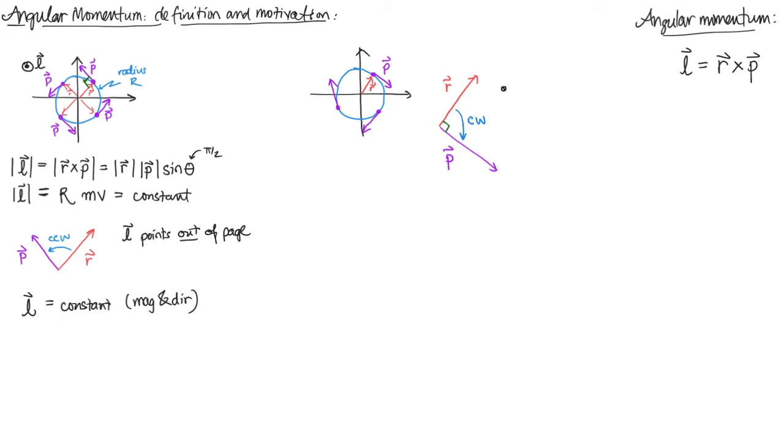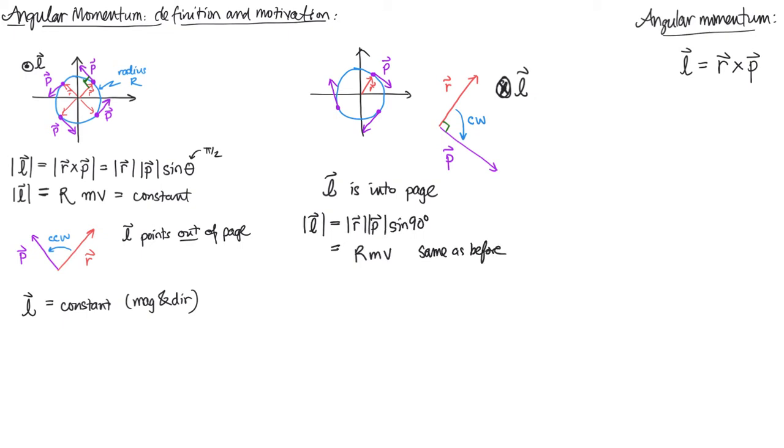So the angular momentum will be into the page. So L is into the page. So it's the opposite direction from the first case. How about the magnitude of L? Well, it's still mag R, mag P, sine of 90 degrees, which is still big R times m times v. So it's the same as before.